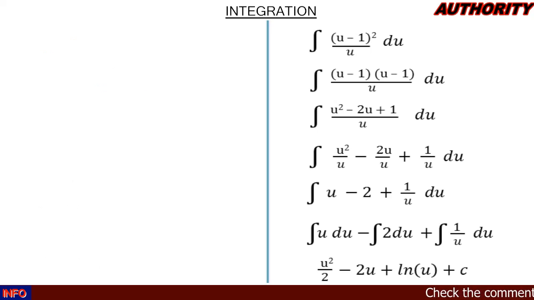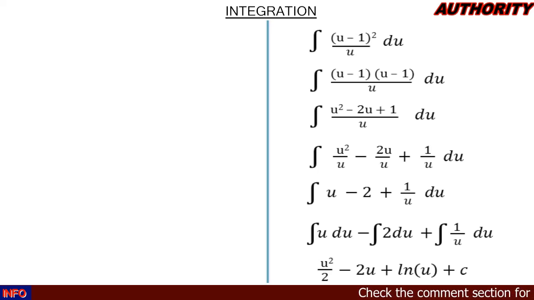Then minus, in place of the integral of 2 du, we're going to have 2u, plus the integral of 1 all over u, which is going to give us ln u. Then we have plus c. All right, so as we integrate, we are having u squared all over 2 minus 2u plus ln u plus c.